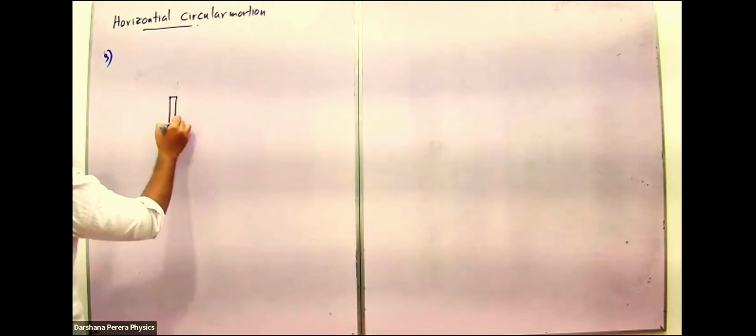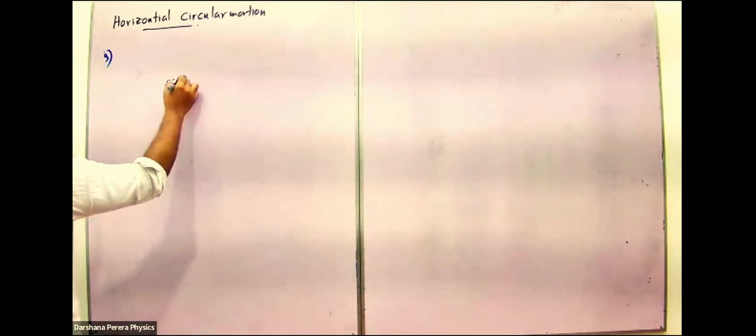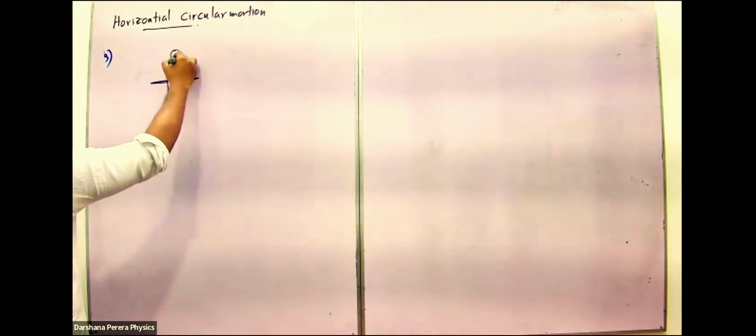When we take a circle or an angular road, we do not ride like that. We cannot take the bends like this.